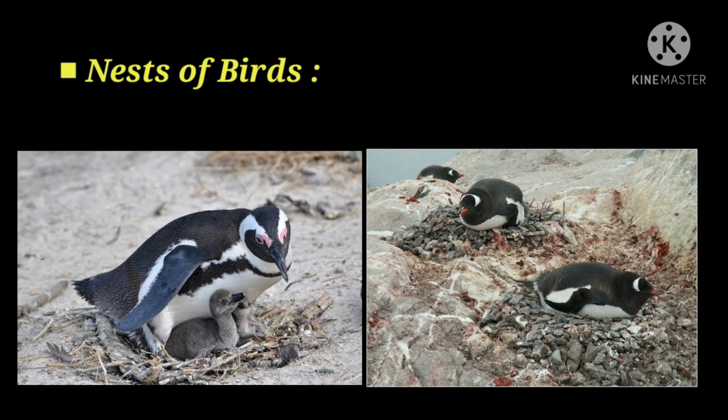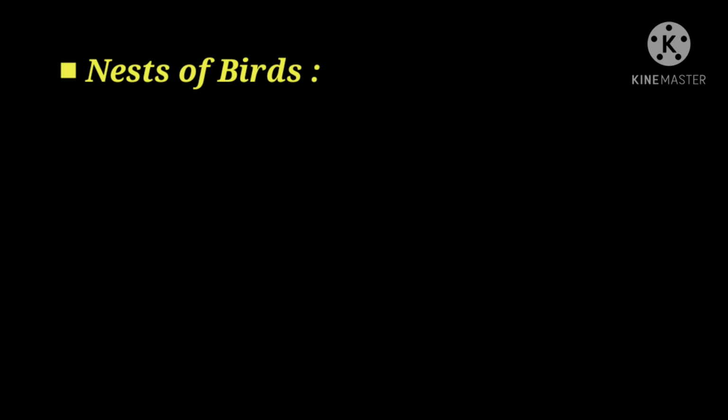These stones or pebbles prevent the eggs from rolling away and also protect the eggs from the ice present on the ground. So these are the different types of nest built by different types of birds.